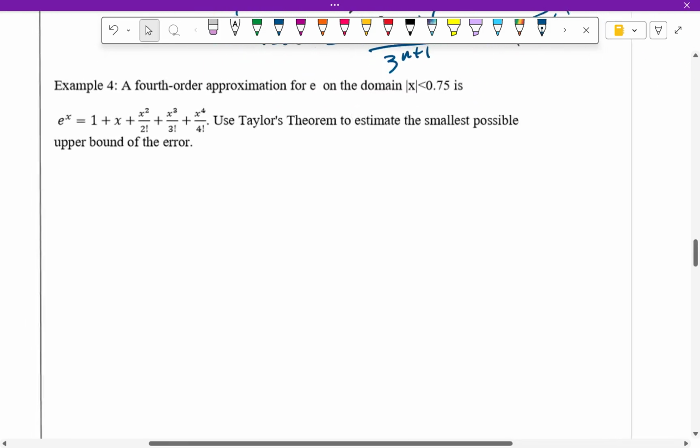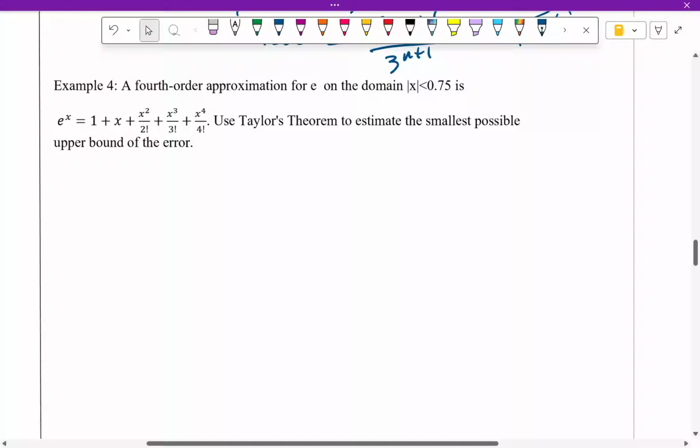All right, I want you to read example 4 to yourself. So I'm going to give you an opportunity to read this time. Okay, it's asked in a weird way, right?